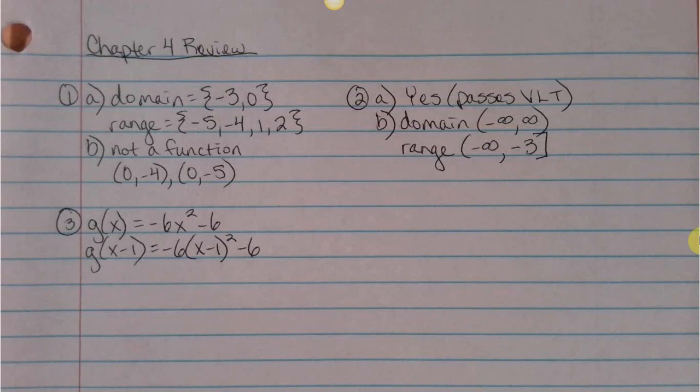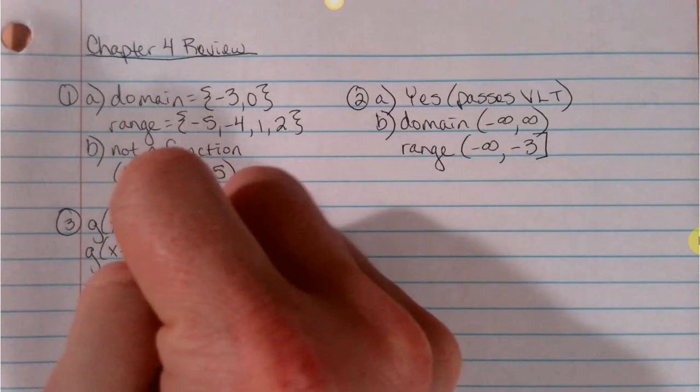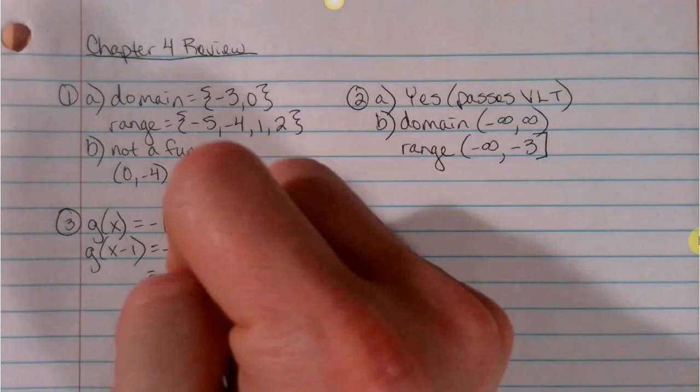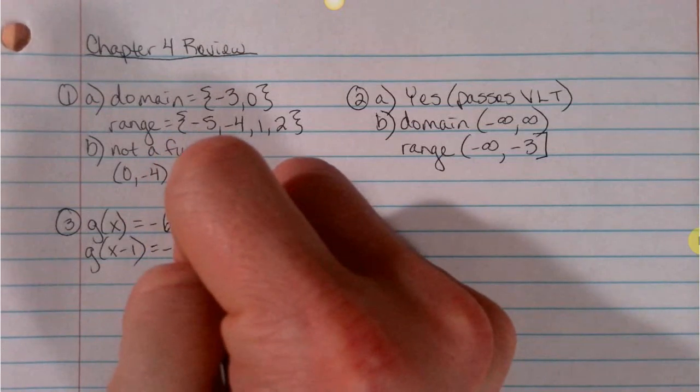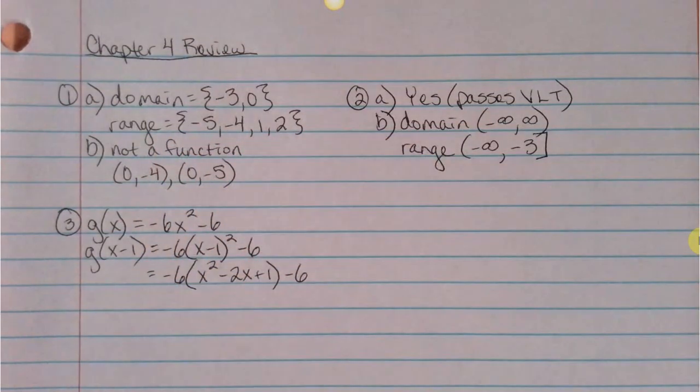And this is one that, because we only have an exponent of 2, is not that difficult to simplify. We just need to FOIL x minus 1 times another x minus 1, which would give us x squared minus 2x plus 1. And then we still have the minus 6 on the end of that.